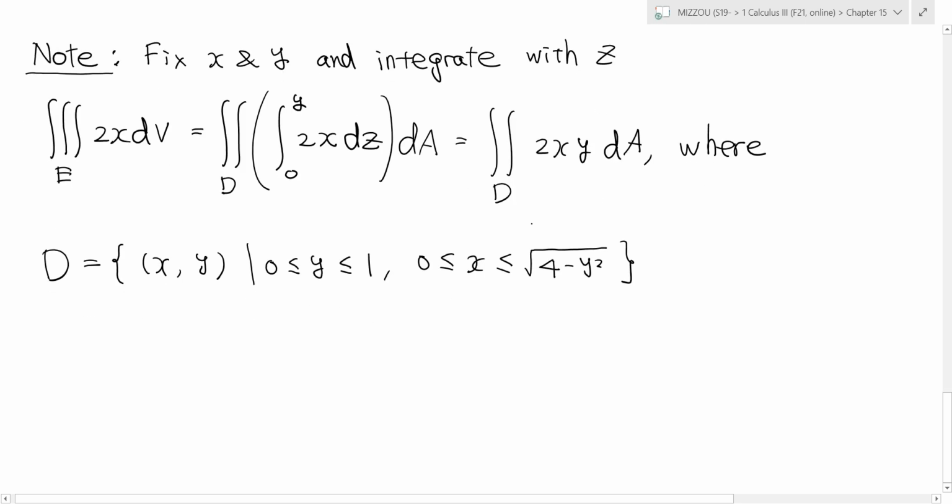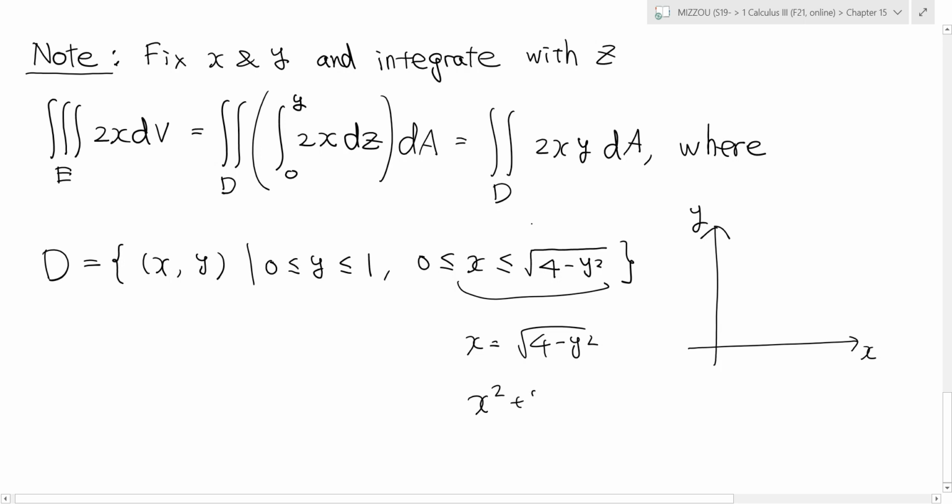Well, it looks like this. The boundary is x equals root 4 minus y squared, which is x squared plus y squared equals 4 by squaring. So this is actually a circle with radius 2.